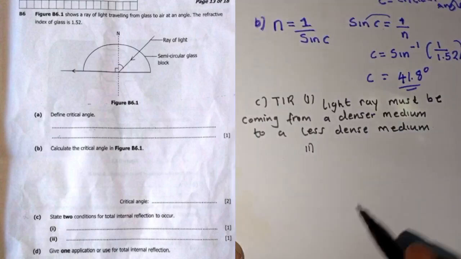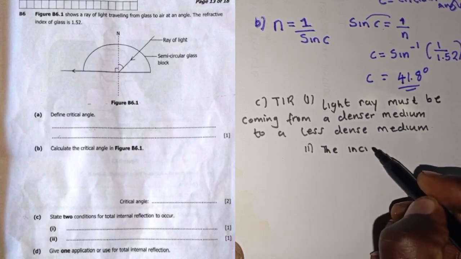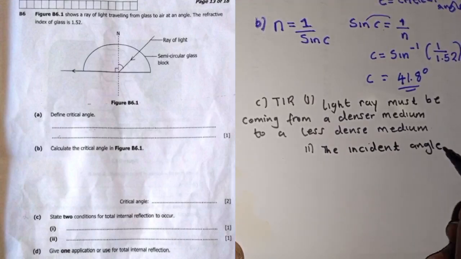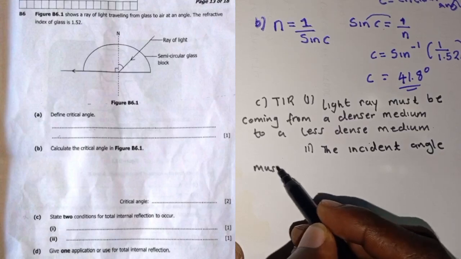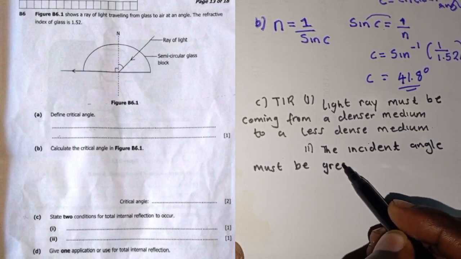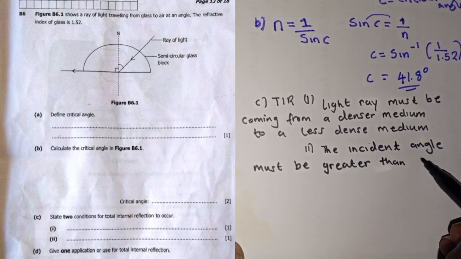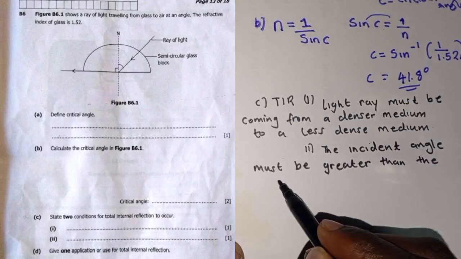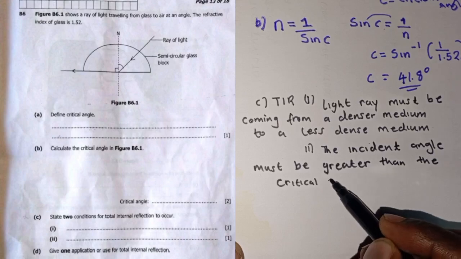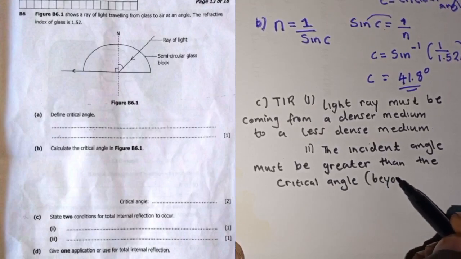Then the other condition is that the incident angle must be greater than the critical angle. So it must be beyond the critical angle.